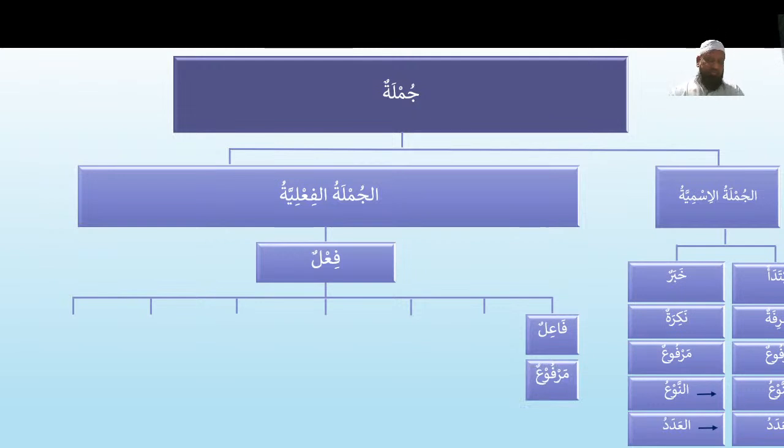We've learned it is marfu'un. Fa'ilun marfu'un. So with only these two, a fi'l and a fa'il, we can make jumla fi'liya. And slowly as we go in the lessons, we'll be adding more things to it.